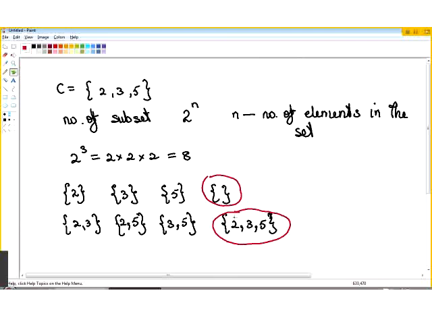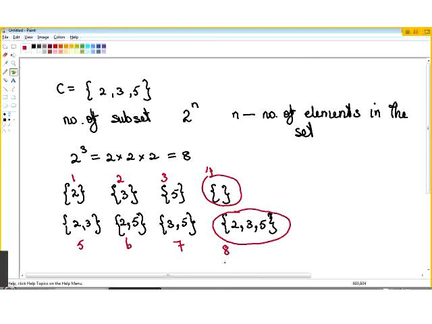So these represent 2 of the subsets that you have. When we total up, we have 1, 2, 3, 4, 5, 6, 7, 8. So that's all 8 subsets that we're looking at.